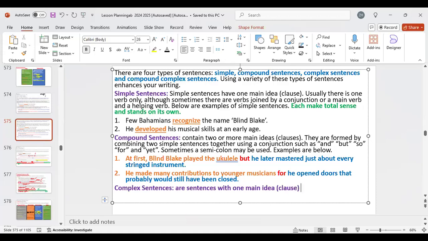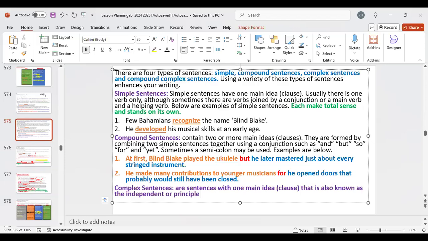That is also known as the independent or principal clause. When we say clause, we just mean that sentence that could stand on its own, right? The independent clause doesn't need anybody's help.